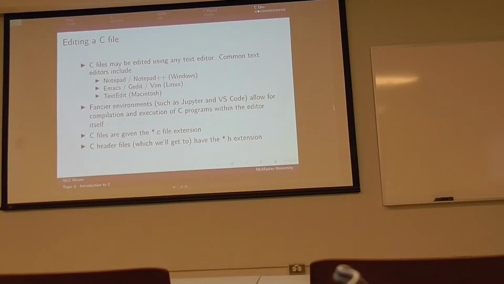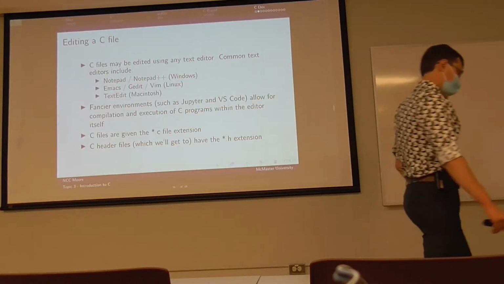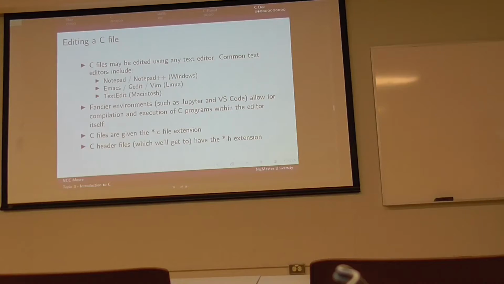Fancier environments, such as Jupyter and VS Code, allow for compilation and execution of C programs within the editor itself, although it also will often try to hide important details from you, like what bloody C compiler it's even actually using. Incidentally, the C kernel for Jupyter is crap.